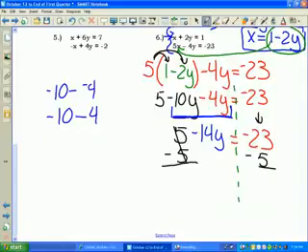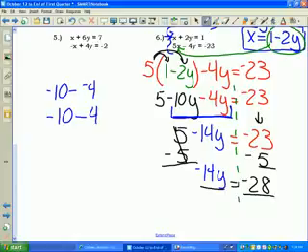No. So 5 minus 5 will cancel out, leaving me with negative 14y equals a negative 28. So now I have to divide both sides by negative 14, which leaves me y equals 2.